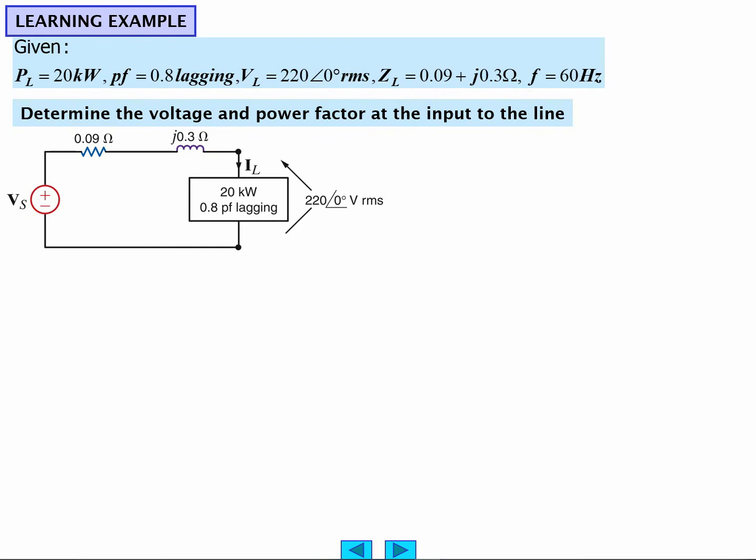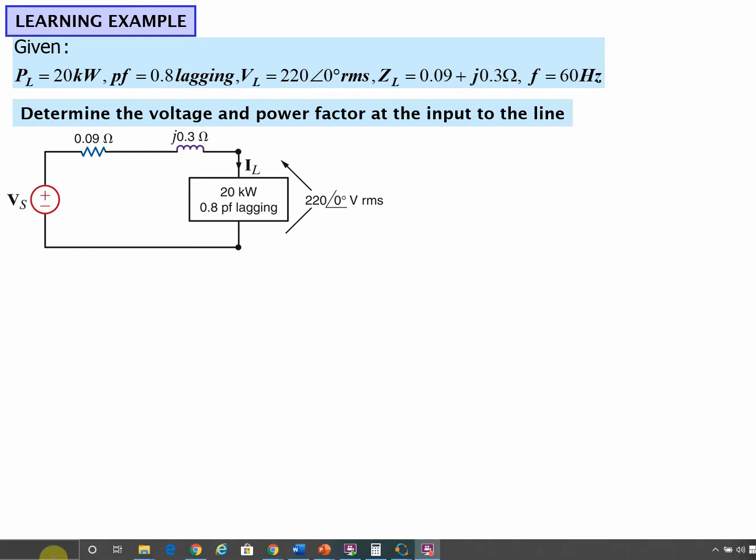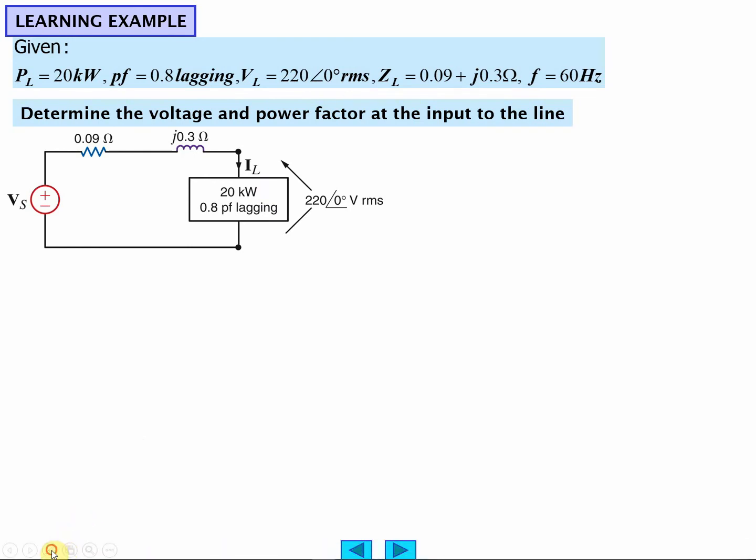So picking up with this problem. So we know the power, the load is 20 kilowatts. Let's see, do I have a pen up? There we go. 20 kilowatts, power at the load, power factor is this much. The voltage at the load here, the impedance of the line, that's these two guys here, and then the frequency.